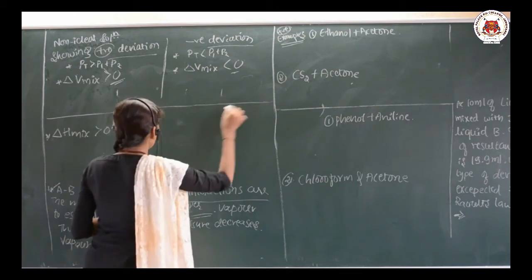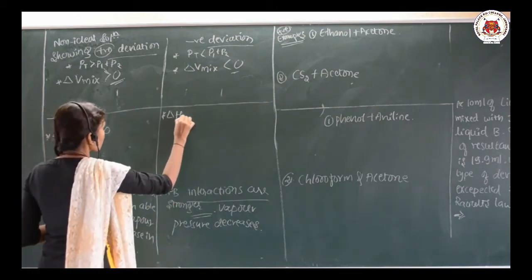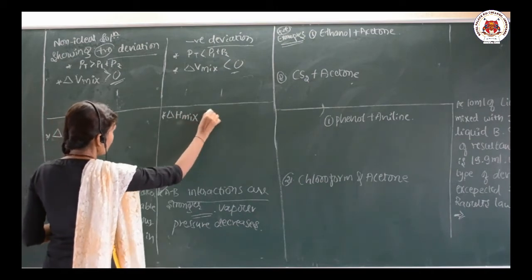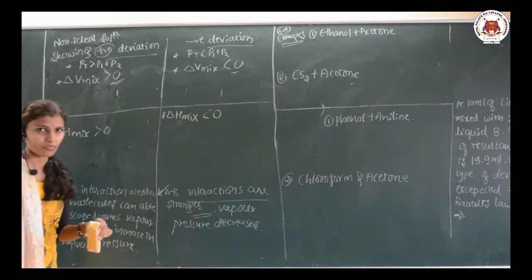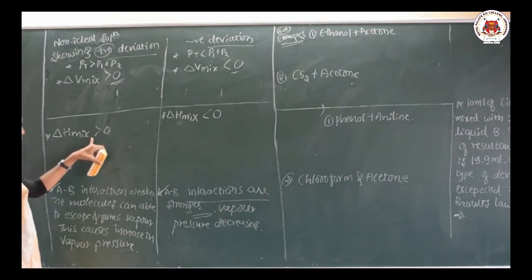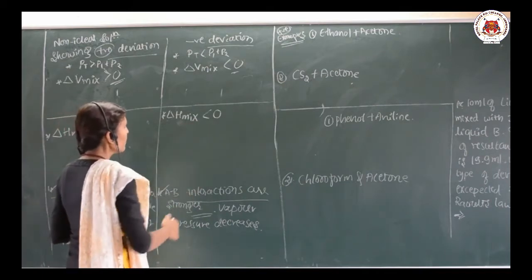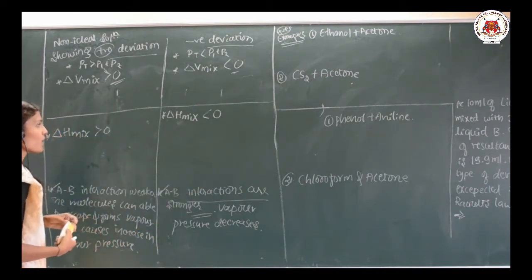So, let me tell you about delta H mixing. Here it will be lesser than 0. Okay. The change in the enthalpy after mixing is greater than 0 in one case. Here the change in enthalpy after mixing is lesser than 0.